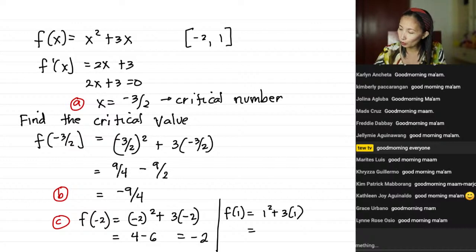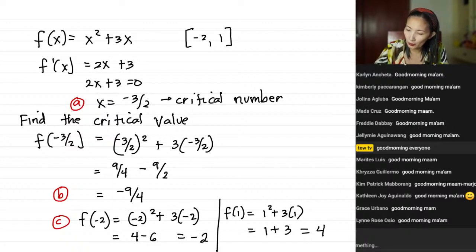This is equal to 1 plus 3, or 4. The final answer should be 4.